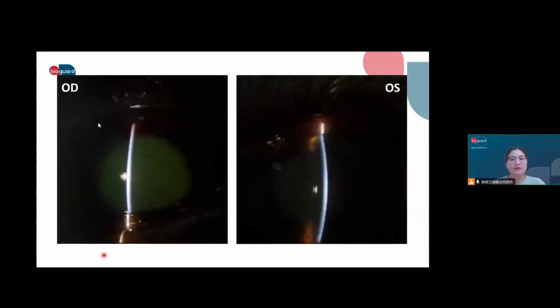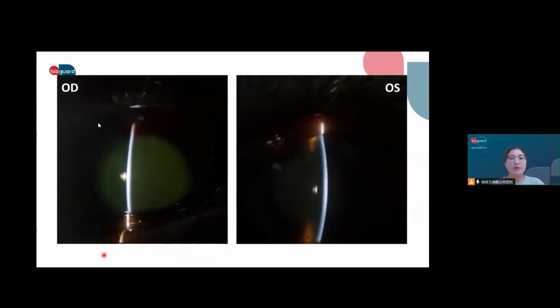Okay, now we used the slit light for this dog. We checked the eye, and we found the black spots were between the cornea and iris. So we know that those black spots were in the anterior chamber.